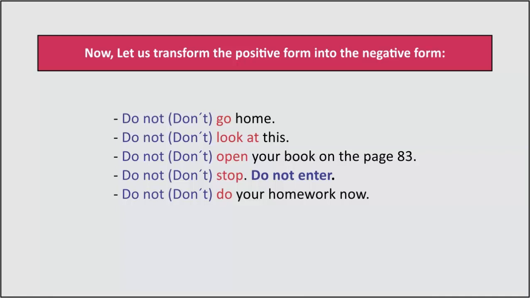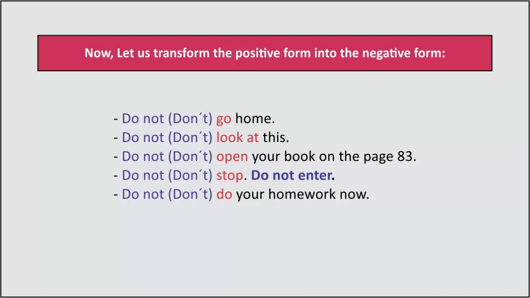Then let's continue. The second example, the second sentence is look at this. When we pass it to the negative form, we have do not look at this or don't look at this. The third example, do not open your book on the page 83. The next one, stop, do not enter.